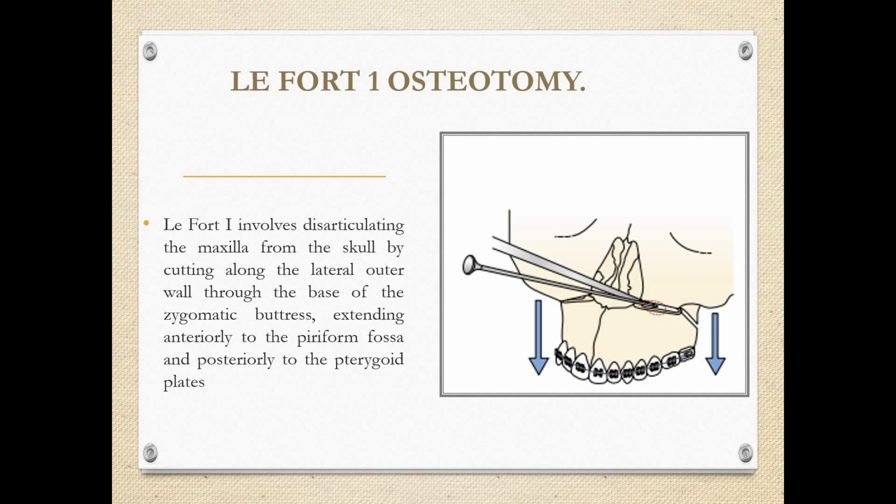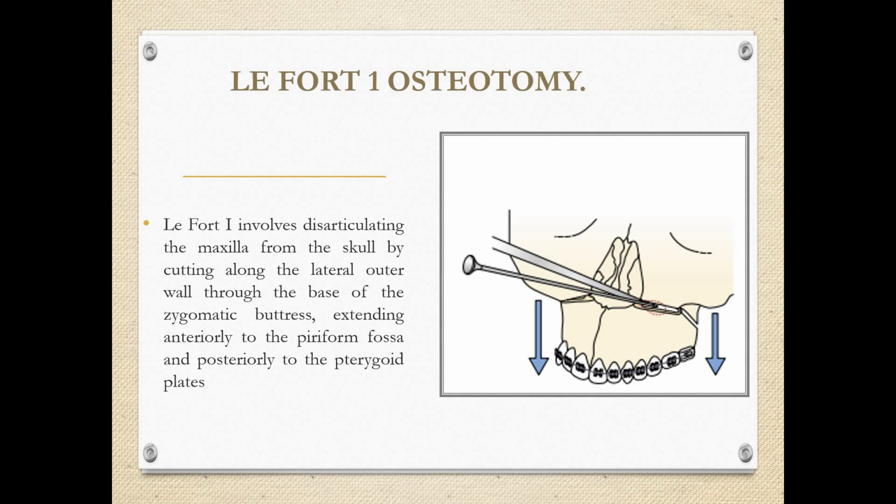Internally, the nasal septum and lateral wall of the nasal cavity are freed, with the maxilla being finally mobilized by separating it from its attachment at the pterygoid plates.